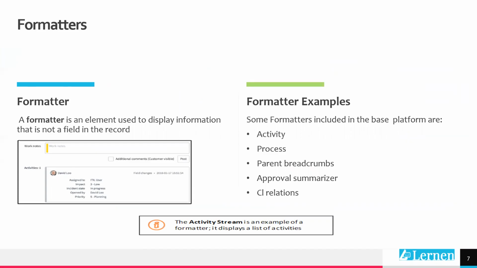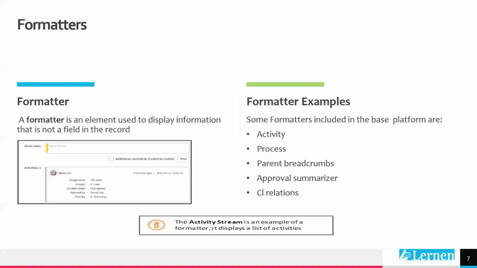There is another element called formatter. Formatter doesn't fall in this field format. It's a totally different thing. It allows you to display certain things only, like to show the activity, to show the process, to show the CI relation. It's a very unique concept, so you cannot bind it under field configuration or field category.